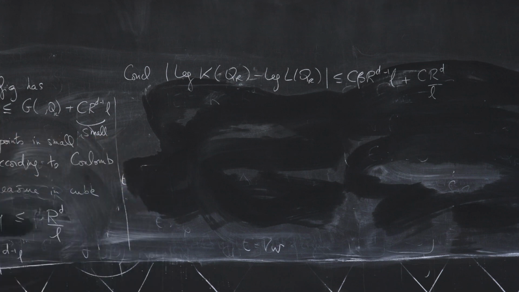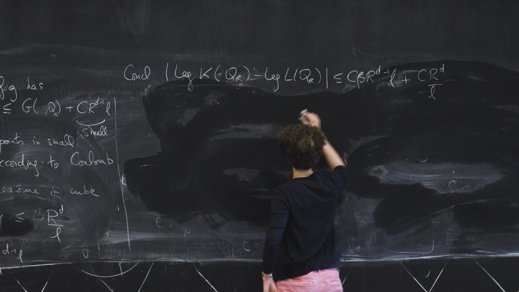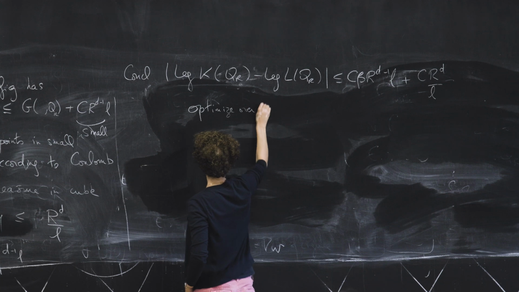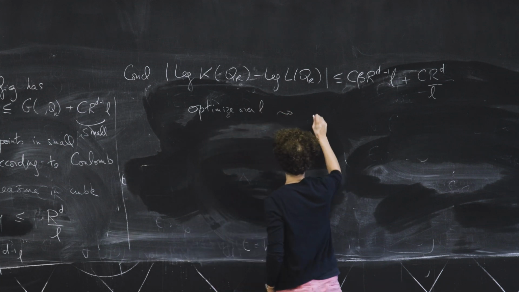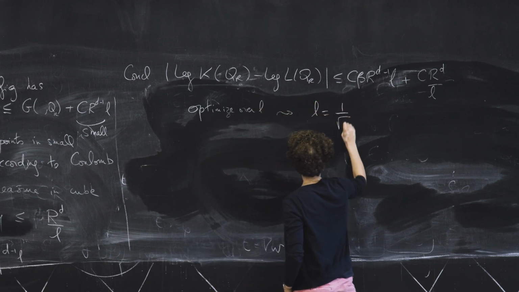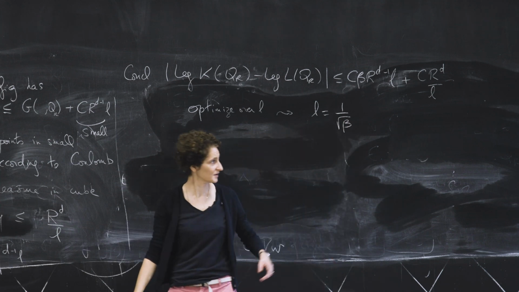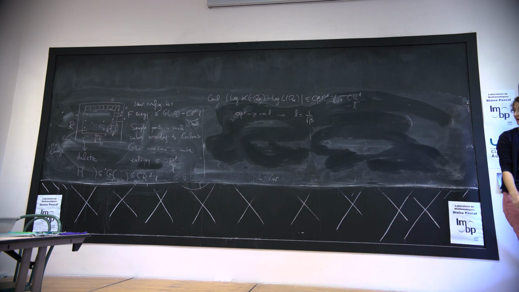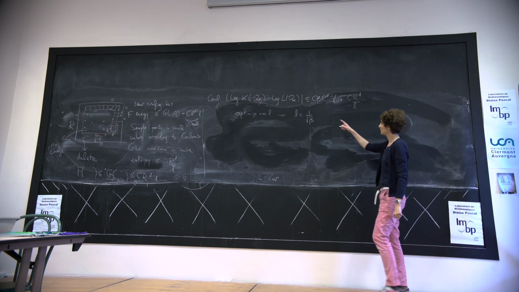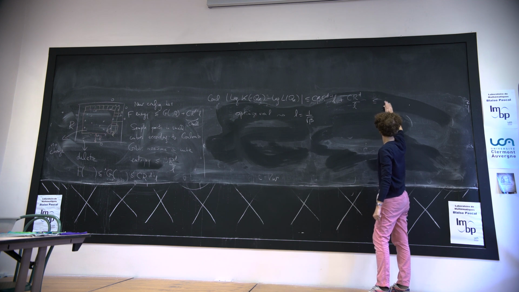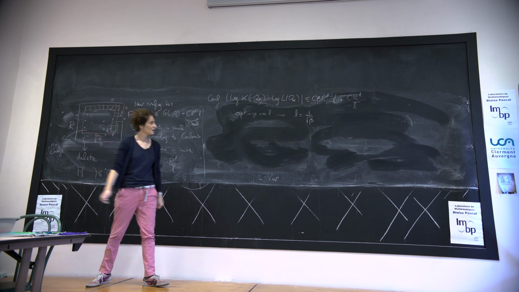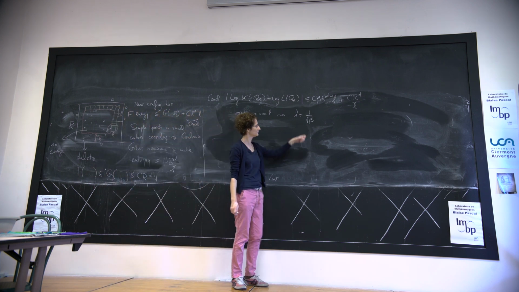And I'm just mentioning these things because you can see now that if you optimize over L, it leads you to something interesting. It leads you to picking L equals 1 over square root of beta. That's the thing that makes the two errors the same. And it's telling you that if you want this error to be as small as possible, you're going to be stuck at 1 over square root beta.